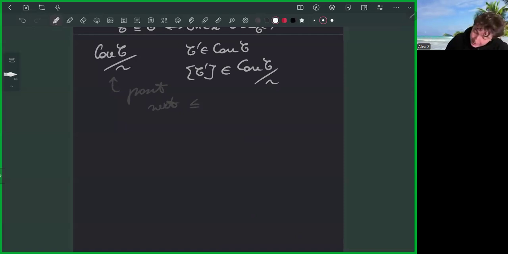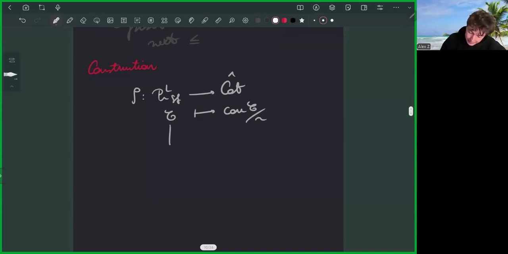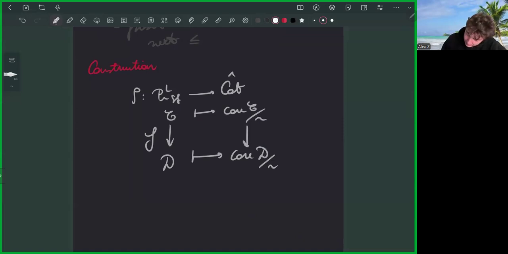And now we have the following construction, which is analogous or very similar to the previous one that we had. Namely, we will define this functor, which we denote by rho, which should be a functor from PRLST to cat, which maps a C into core of C quotiented out by this equivalence relation. And if we have a map F, we should get a map like this.